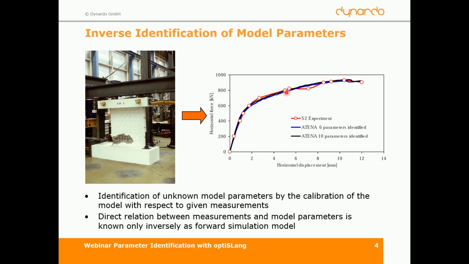In some cases, you can really directly measure these parameters, like material parameters, for example, Young's modulus. But in more complex situations, you need to do some inverse procedure, where you compare the simulation results with the experiment results. The aim of this is to obtain the optimal model parameter set to get the best comparison between your simulation and measurement results.